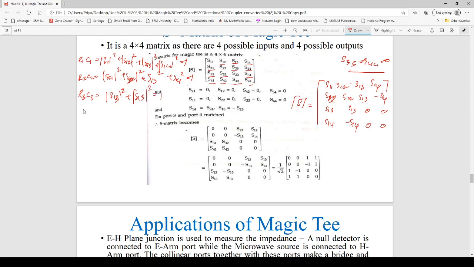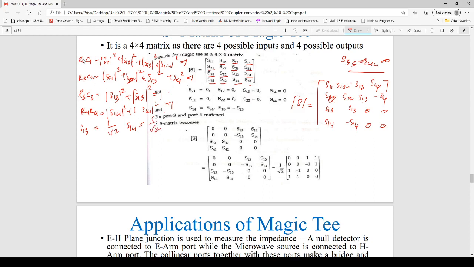For row 4 column 4, S14 square plus S14 square equal to 1. Now from these two equations, row 3 column 3 and row 4 column 4, I can solve for S13 and S14. S13 is equal to 1 by root 2 and S14 is equal to 1 by root 2.